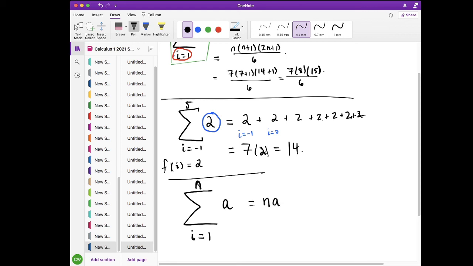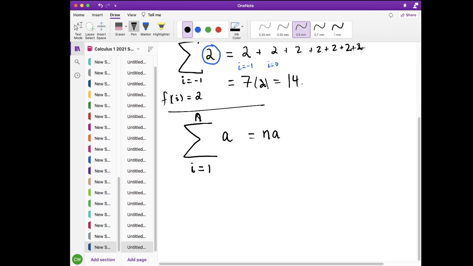Because you're just adding A up n times. Now, what happens when you start from I equals 0? If you start from I equals 0 to n, what do you get?